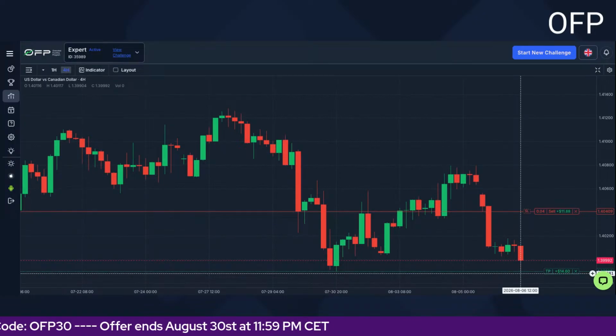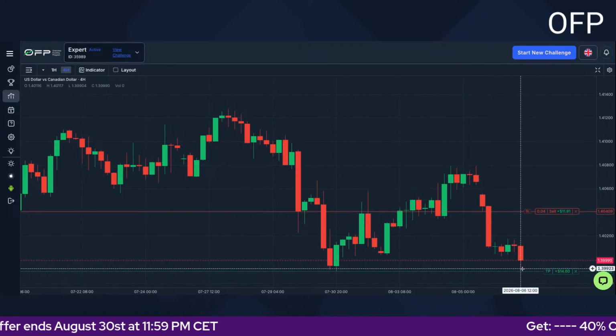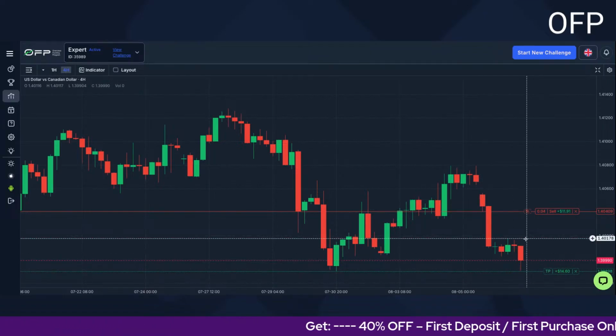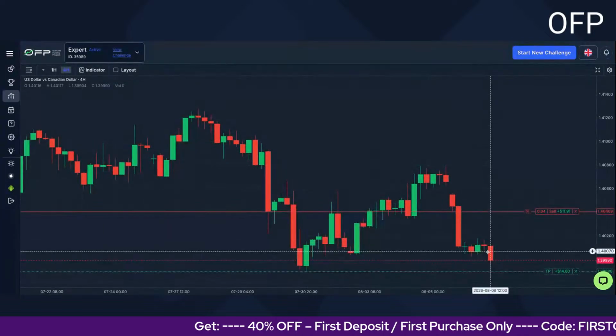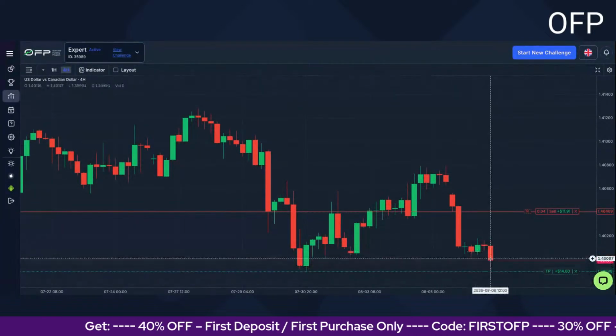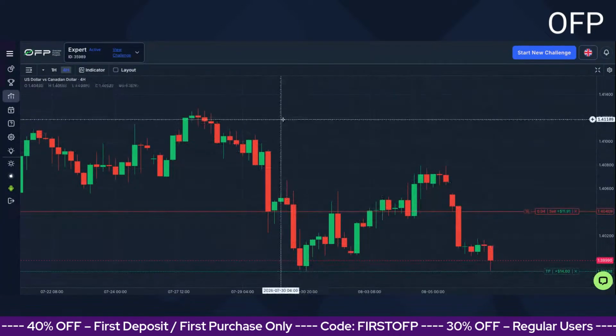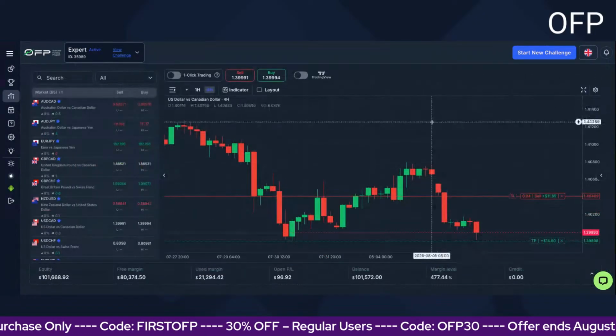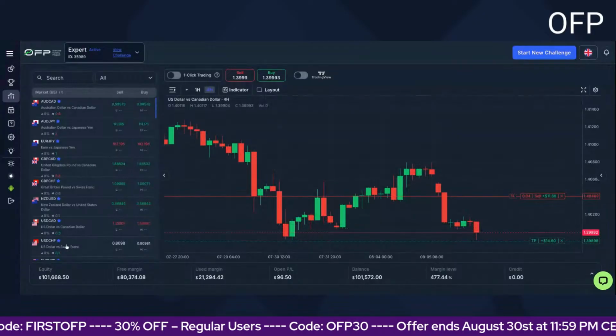It only reached 1.39904. So there's still room. If you're looking to add more to this position, you can go ahead and do so. Because this might rip right through, especially with the initial jobless claims that may come. It might weaken the US dollar in a bit.